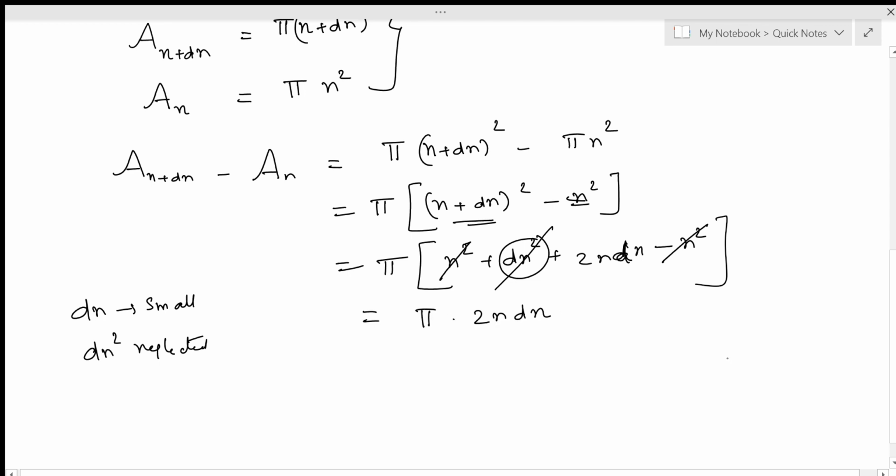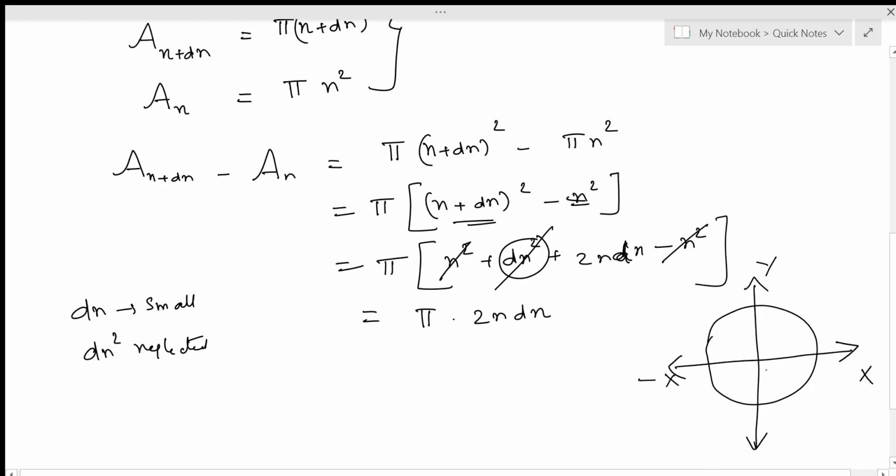Then, the energy of the electron should be taken as a positive value. Therefore, here in a circle, we have plus x, minus x, plus y, minus y. Among these four parts, we call each a quadrant. Among these four quadrants, only one will have this positive value, remaining will have negative value.